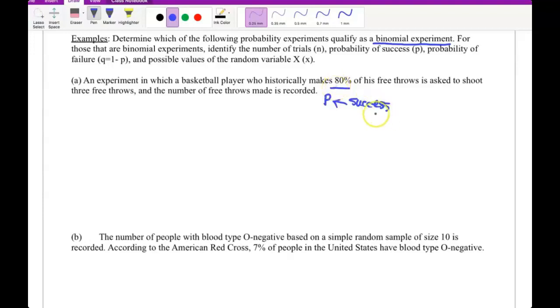We have 80% probability of success, and to find probability of failure, Q is equal to 1 minus P. So Q is equal to 1 minus 80%, which is 20%. This part is failure.